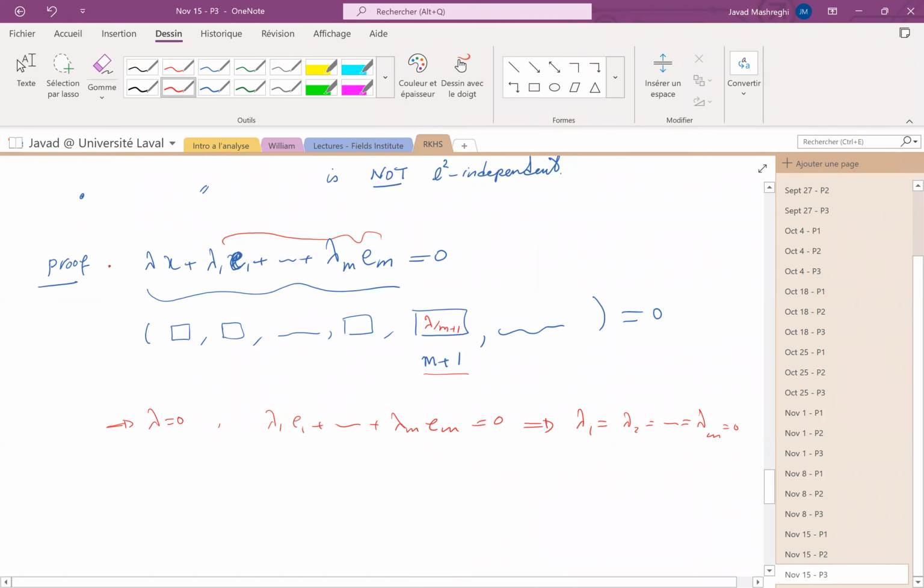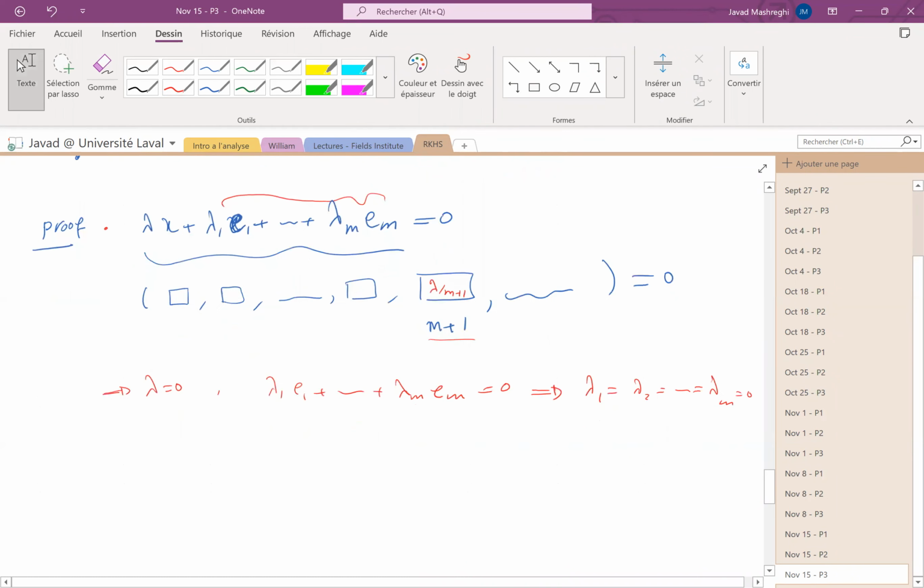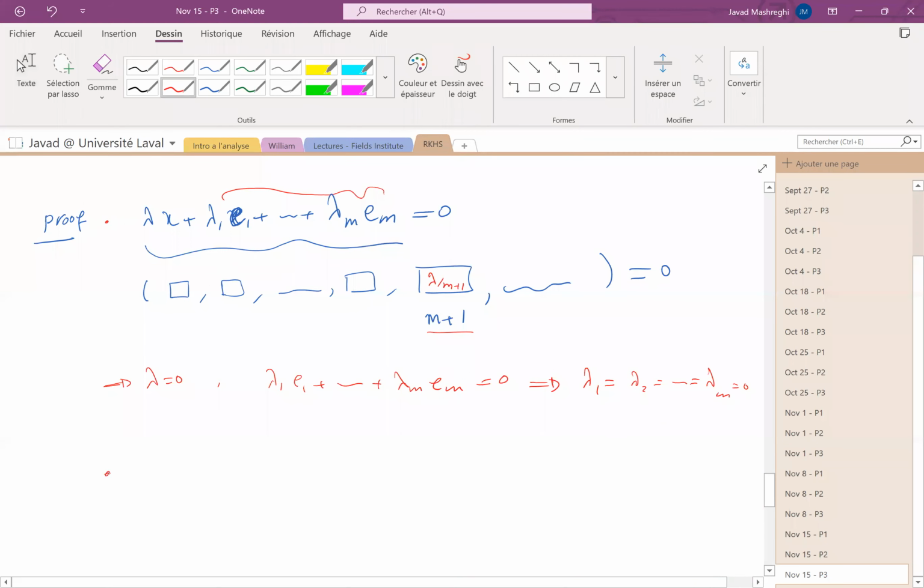But why are they not L2 independent? Because simply consider minus 1 times x plus 1 times E1, 1 over 2 times E2, and so on.